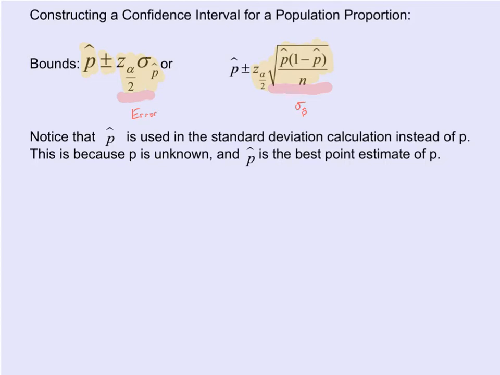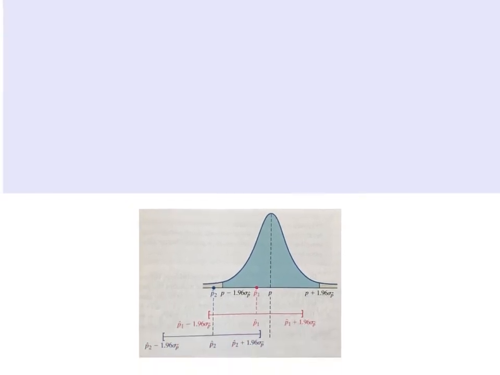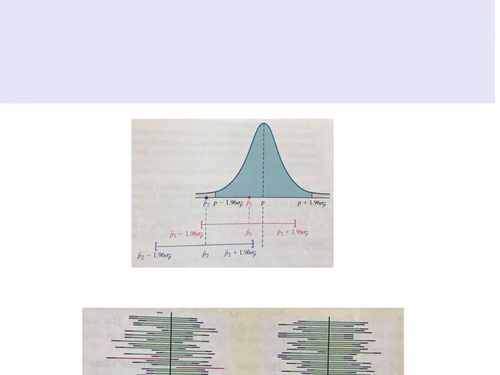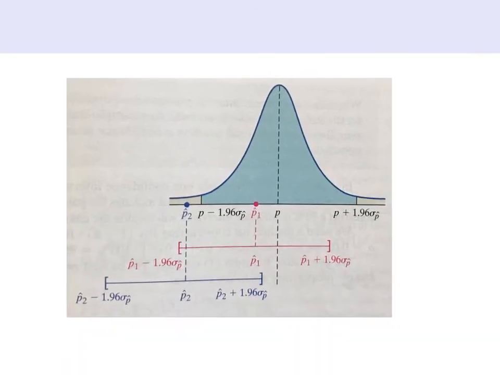Then, just to give you a little visual of hopefully why that formula makes sense, first let's take a look at this picture that I took a screenshot of out of the book. We have our unknown parameter p. That's this p right there. We don't know what that is, but if I take a sample, that's this p1 hat, and add and subtract, that's the red bar down here, 1.96 times the standard deviation, because I'm creating a 95% confidence interval, right?